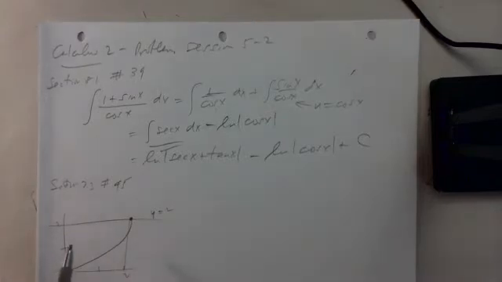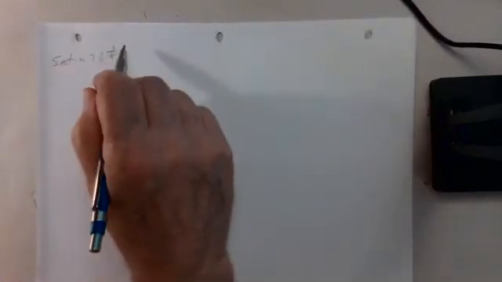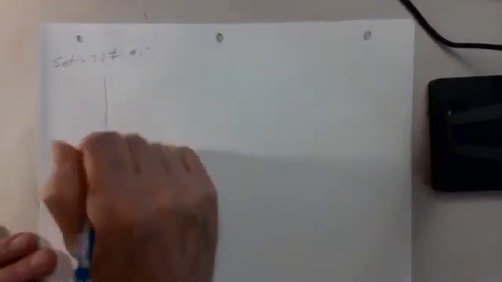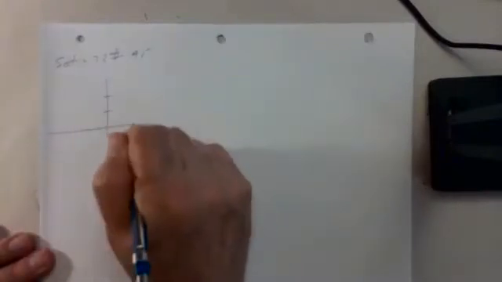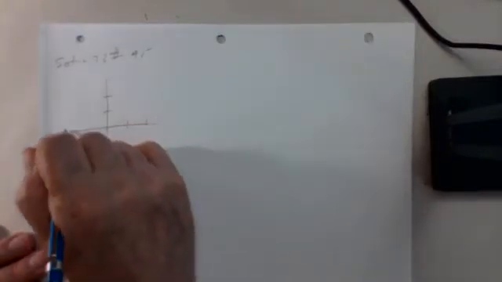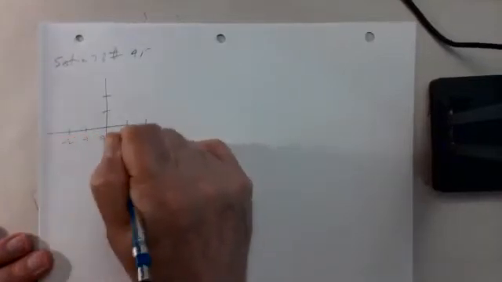So the region bounded by, oops, let me draw a better picture. I'll actually go to another piece of paper. This is section 7.3, number 45. -2, -1, 0, 1, 2. And this is the horizontal line, y equals 2.